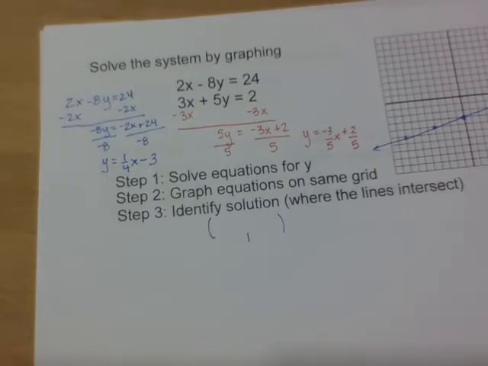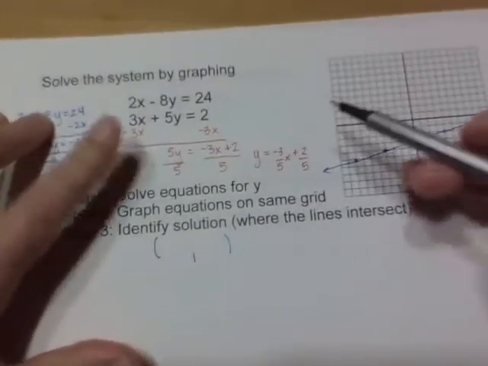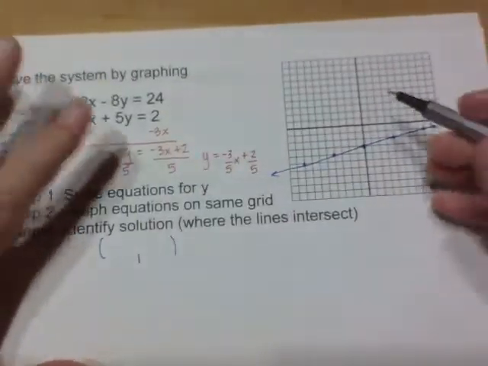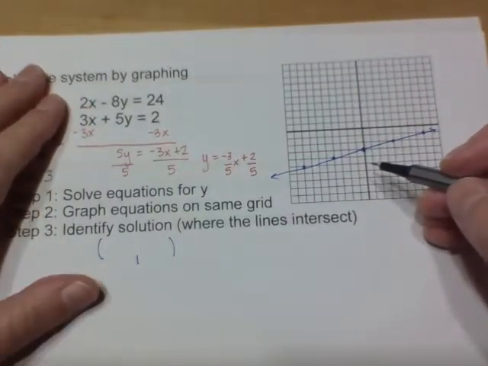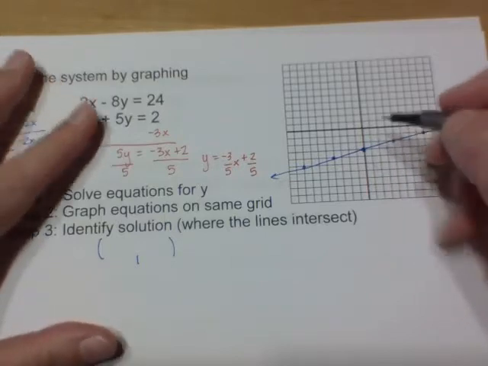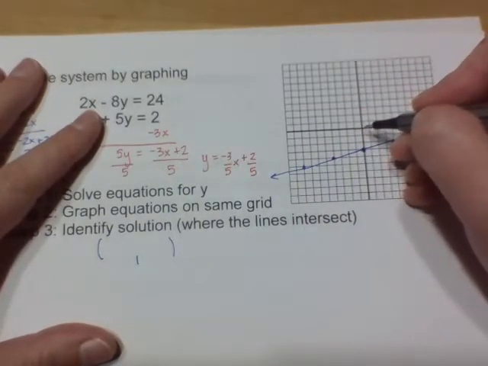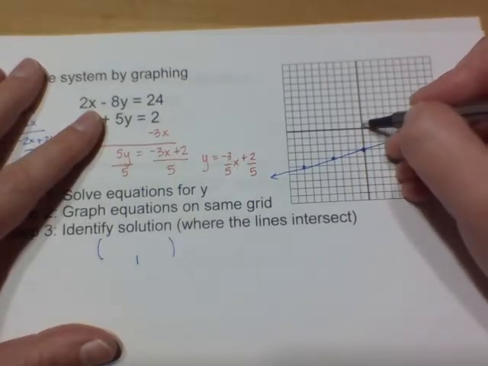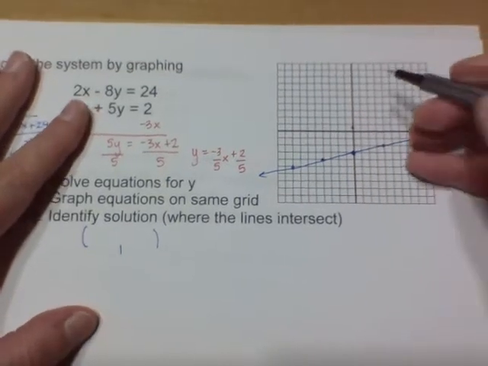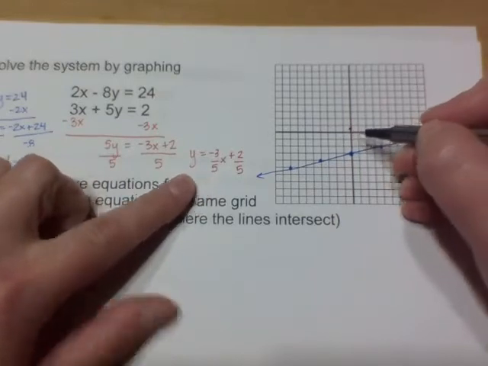So to graph this one here, let's see how I want to do this. We're going to start at 2/5, which is the y-intercept. So 2/5 is going to be about 0.4, so a little less than half. And then from there, we're going to go down 3/5.